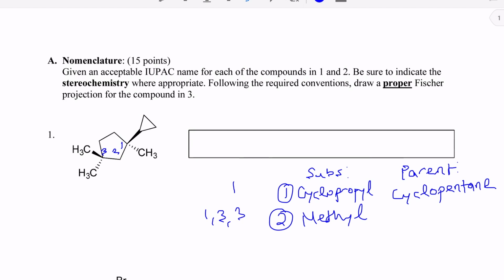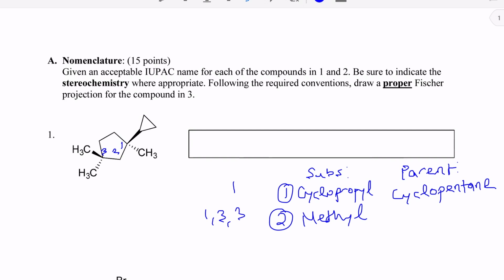This allows us to have 2 possible configurations, the R configuration and the S configuration. To find out which, we need to look at the Cahn-Ingold-Prelog, otherwise abbreviated as the CIP rules, of how to assign a configuration to a stereocenter.